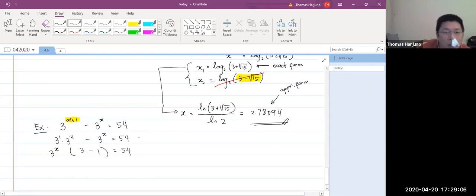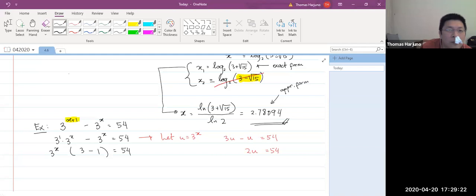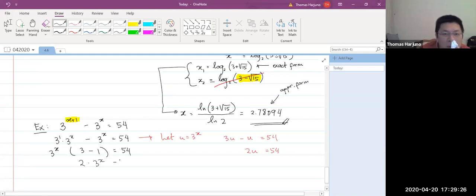Or if you want, you can change that. Let u equals to 3 to the x. Then you will see 3u minus u equals to 54. So 2u equals to 54, right? This is 2 times 3 to the x equals to 54. Notice that these two are equivalent. So u equals to 27, and then I put that u back.